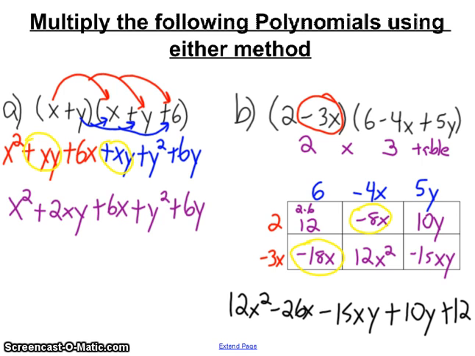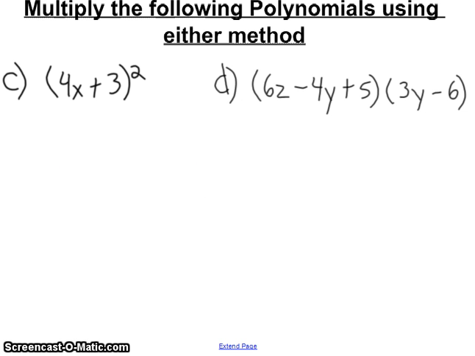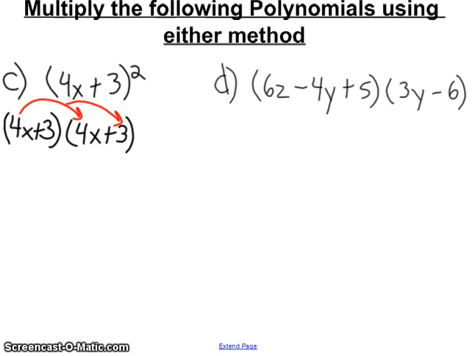So let's look at each example one more time. Say I have this 4x plus 3 quantity squared. That means 4x plus 3 times 4x plus 3, just like if we raised anything. So I'm going to distribute that first term, and then I'm going to distribute my second term.